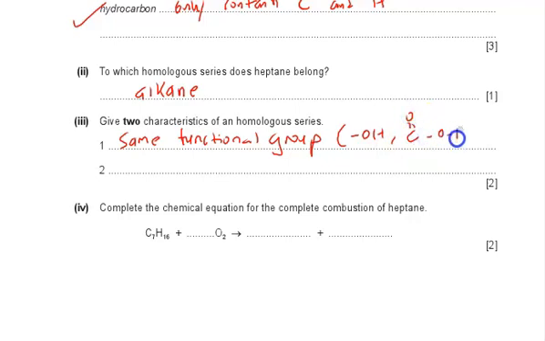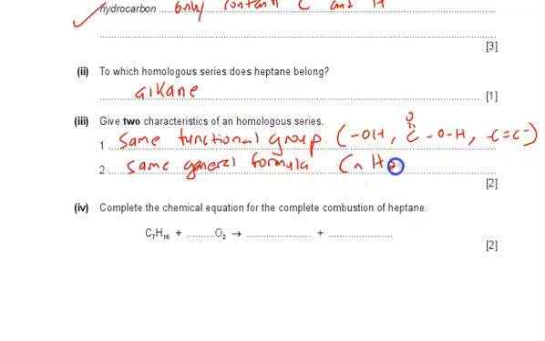And if it is an alkene, you have this double bond. So this is the functional group, and they will have the same general formula. And the formula for this is CnH2n+2. You just have to substitute the n with the number of carbons.